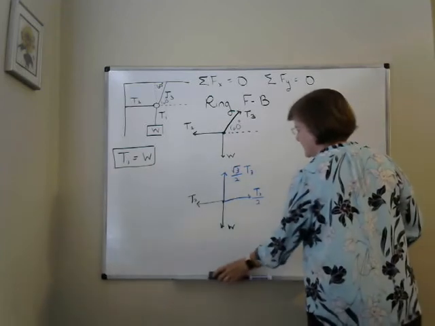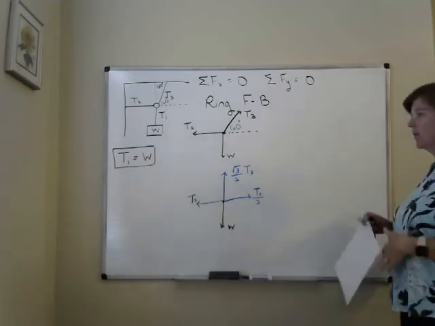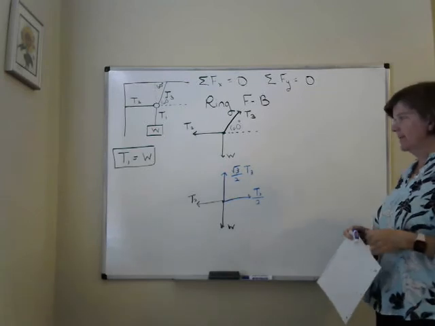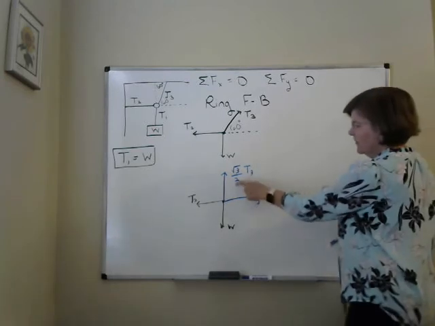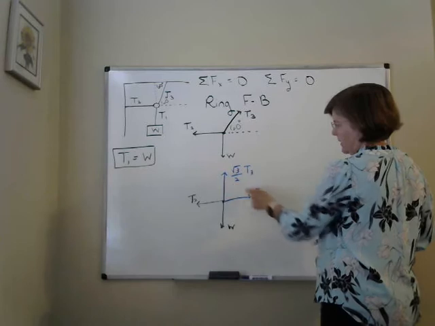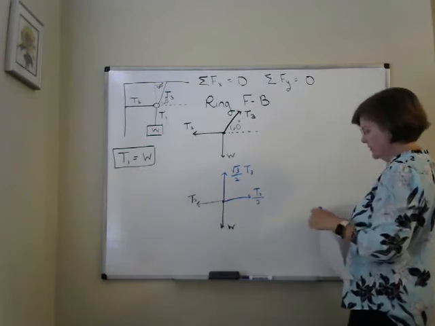Free body diagrams tell me everything. Remember, my goal is to get everything in terms of W. So I think I start vertical right here. I'm going to change colors one more time.